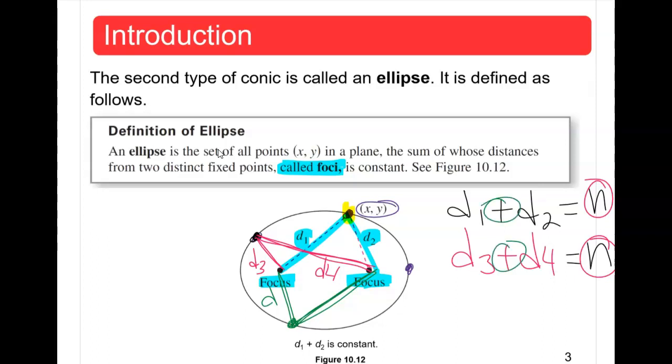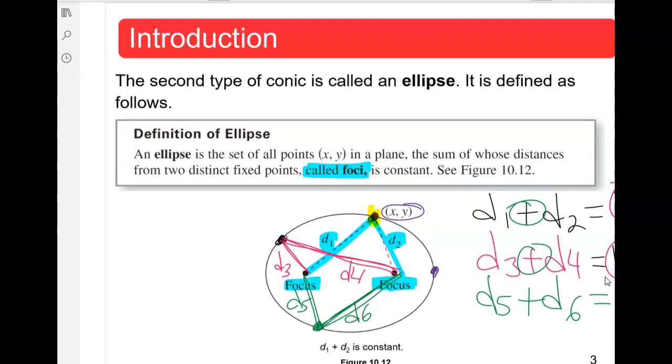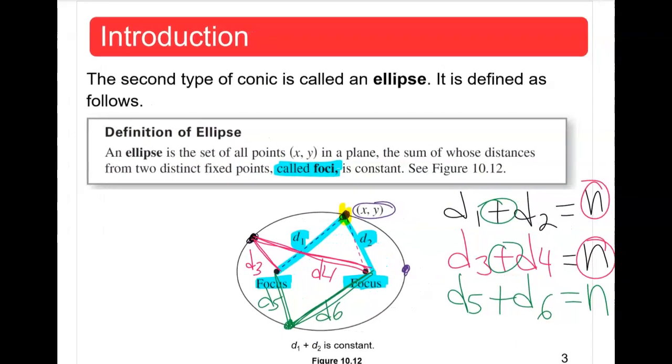If we add D5 plus D6, we will still get the same constant distance, which we are calling here N. If you have a collection of all those points, every single point, once you put them together, they form that oval shape, and we refer to that as an ellipse.